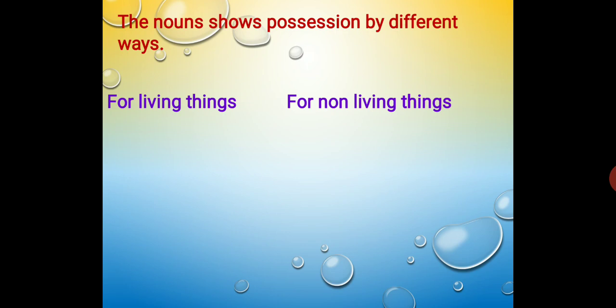Now we move on and learn about possession. The noun shows possession in different ways, for living things and non-living things. For living things, we show the possession by using apostrophe s and by using only an apostrophe.